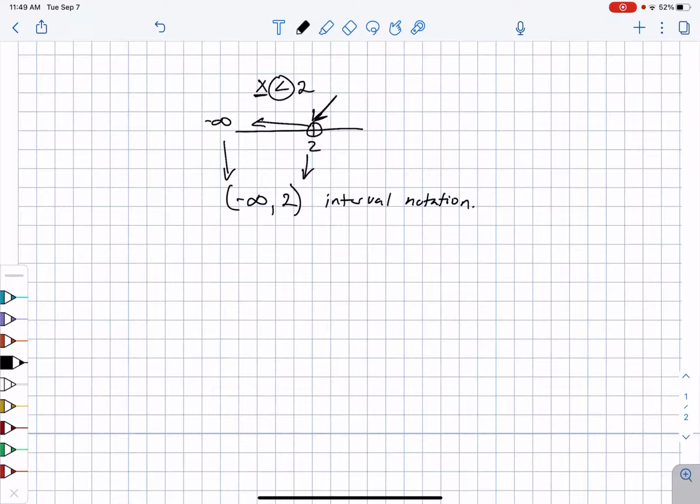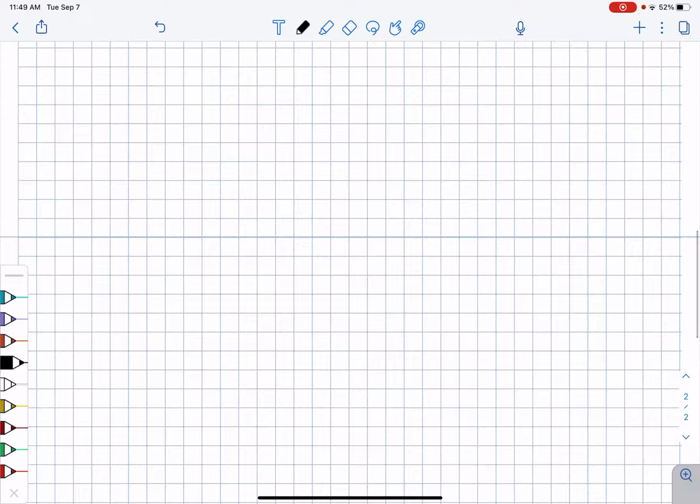All right, one more. 7 is less than x. Okay, say that's your answer. So I'm going to go on my number line. Here's my 7. And this says x is bigger. Bigger is to the right. There's no or equal sign, so this is an open hole.